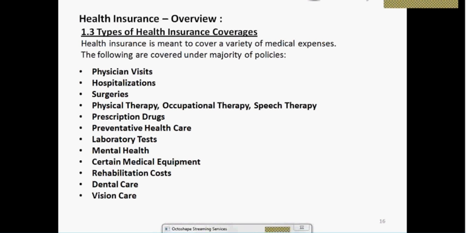If there is any procedure to be performed, then there are surgeries. Or if there is any rehabilitation, there's physical therapy, occupational therapy.